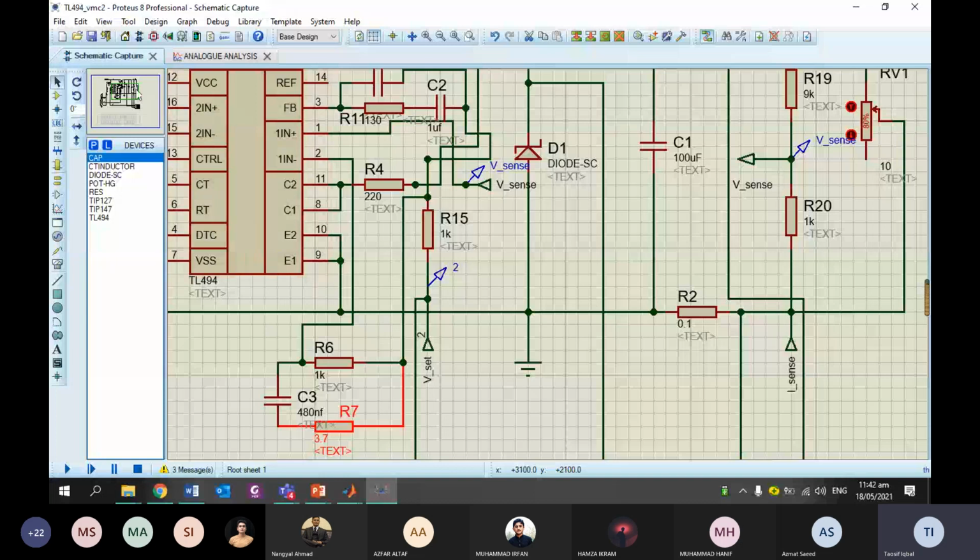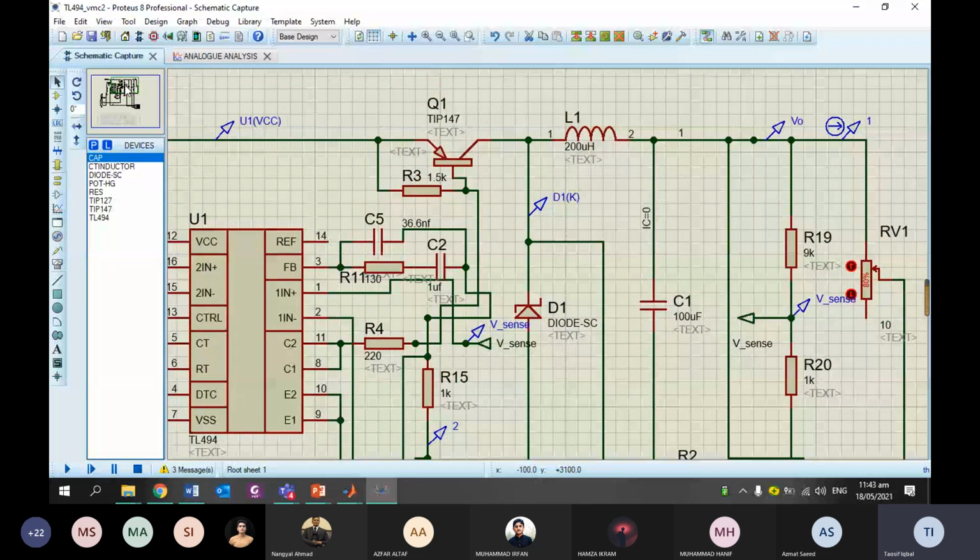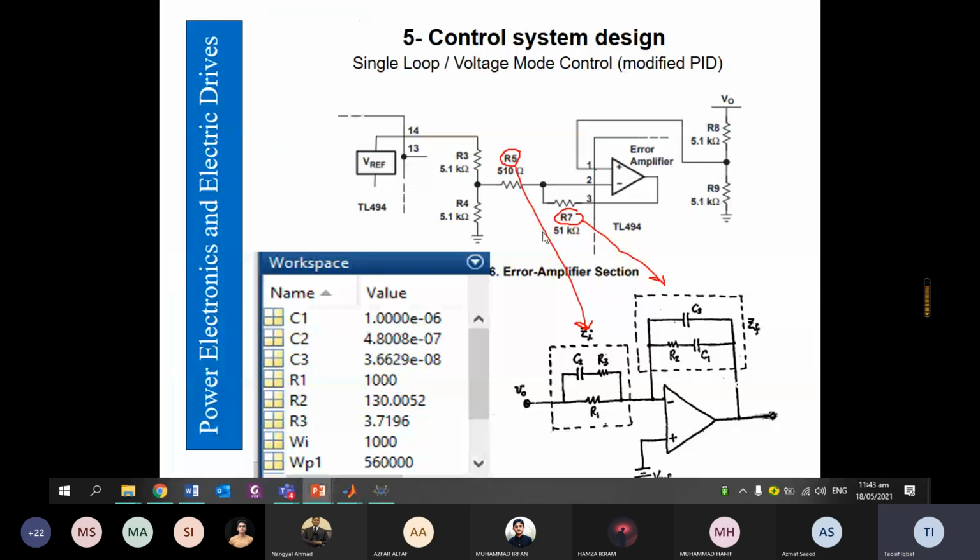And for the second side, between 3 and 2, we have a capacitance of 36.6 nanofarad, which is basically C3. In parallel with C3 we have R2 and C1. R2 is 130 and C1 is 1 microfarad.